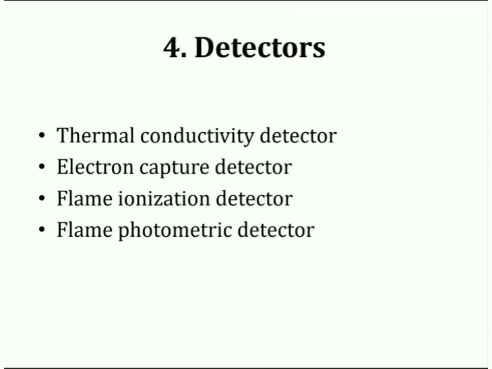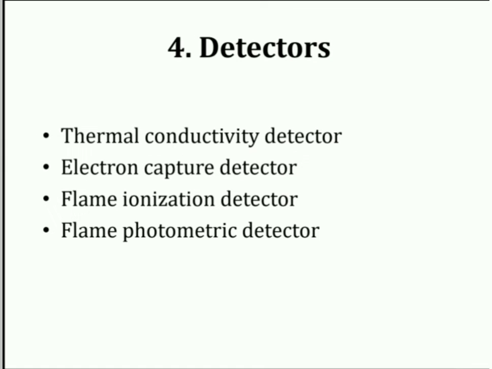Detectors used in gas chromatography should be reliable, stable, and reproducible. Detectors used in gas chromatography include thermal conductivity detector, electron capture detector, flame ionization detector, and flame photometric detector.